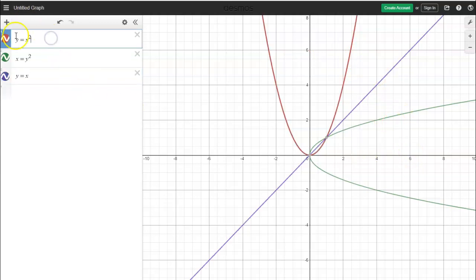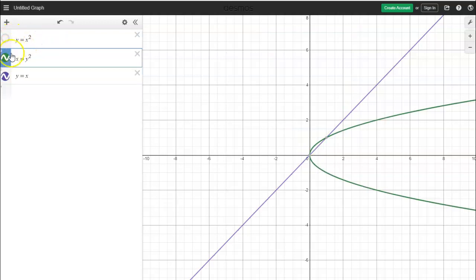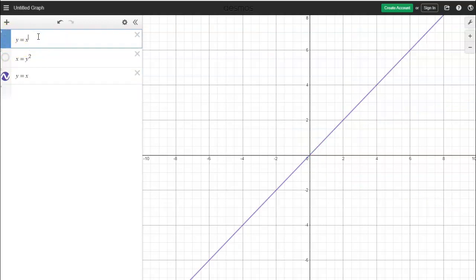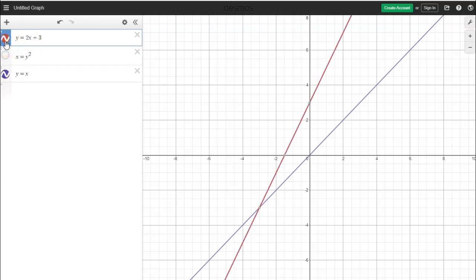Okay, so let's just try another function. Let's try y equals 2x plus 3. There's y equals 2x plus 3. And if we're going to graph the inverse, remember it's going to be a reflection over this purple line right here. So you should almost be able to just look at this right now and kind of visualize where the inverse would be graphed without even trying to think about what the inverse is.